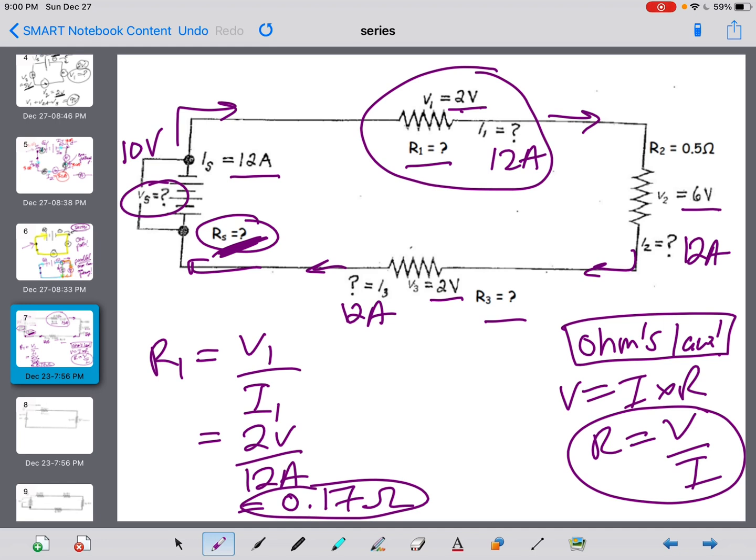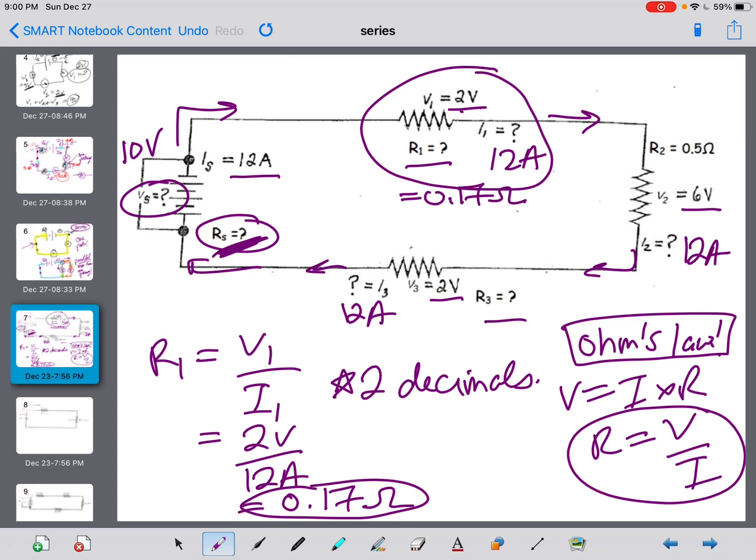So for all of these circuit diagrams that you're doing these short calculations for, do 2 decimal places. Okay, so my R1 here is 0.17 ohms, right? That's what we got for R1.